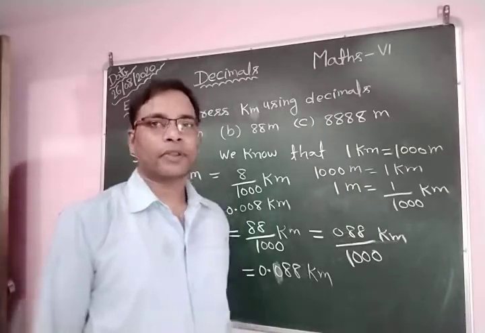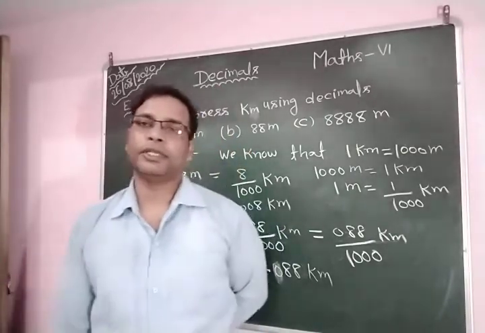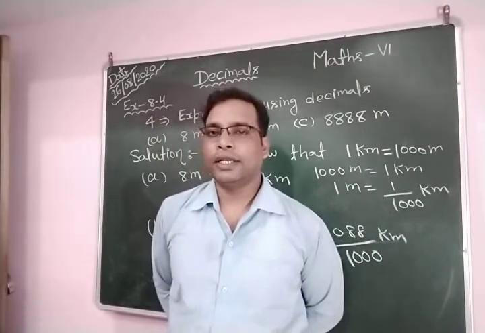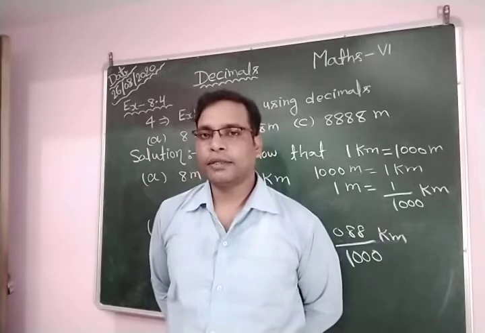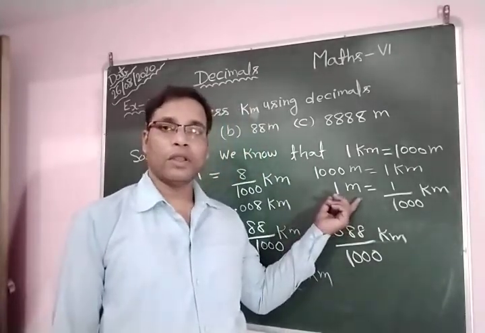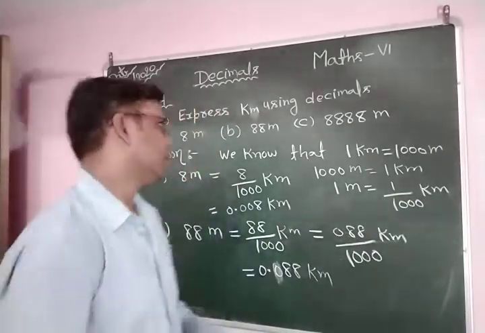And here the C part is given: 8,888 meters. We need to convert this quantity into kilometers. We have 1 meter is equal to 1 by 1000 kilometer.